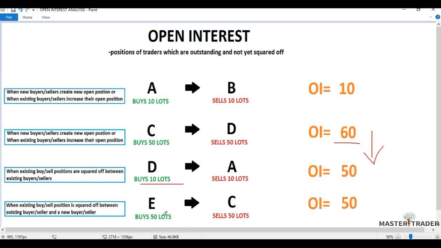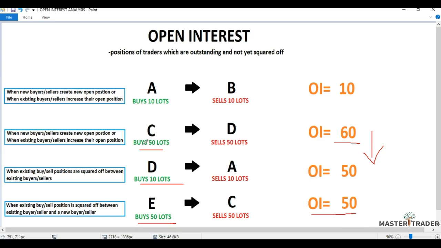But keep this in mind, E is buying 50 lots from an existing trader, from C, where C bought 50 lots earlier from D. Now C is selling the 50 lots which were purchased earlier, and C is selling it to a new player, E. Because there was a transaction between a new trader and an existing player, the open interest will not change.